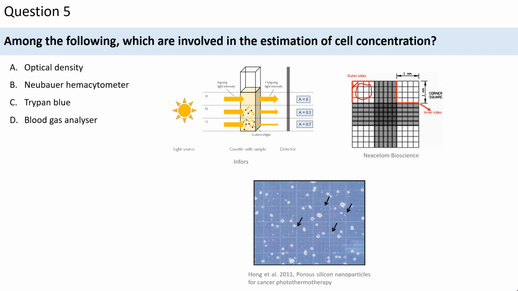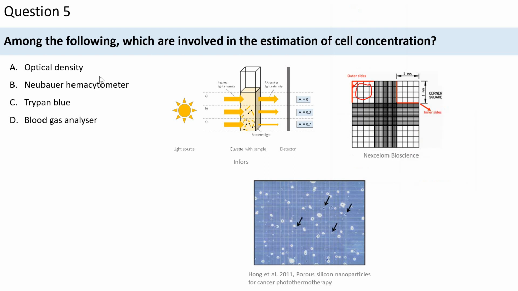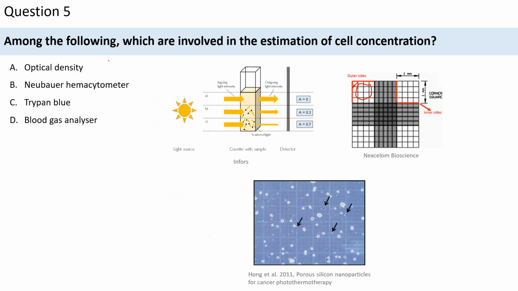Whereas blood gas analyzer is nowhere related to cell concentration. It is just to analyze the gases present in the blood. So A, B, C, all 3 are the right options.